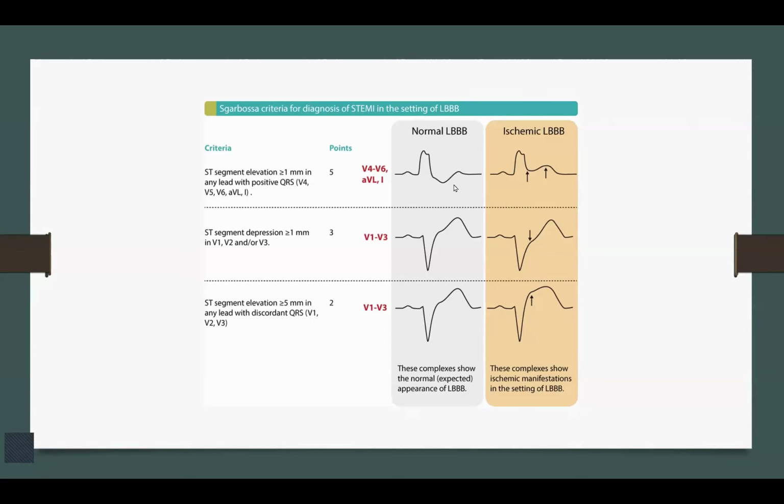Normal would be no ST elevation. Ischemic would be ST elevation, 5 points there. Then ST segment depression greater than 1 millimeter in V1, V2, V3, definitely sagging there on the orange side.